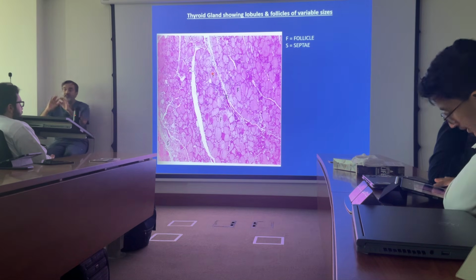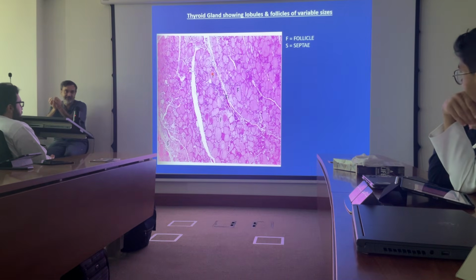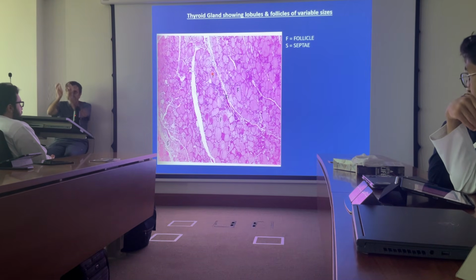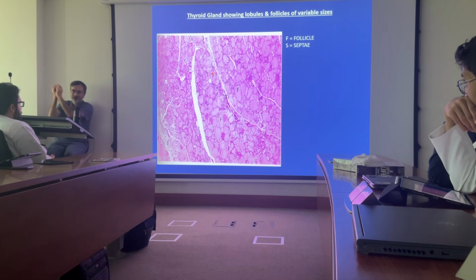The whole thing is basically having several lobules, and within the lobules you are seeing these follicles. Now these follicles are a single layer of cuboidal epithelium. You are seeing this because it is a cross section, but in actual form they would be follicles like this. Follicles, follicles, follicles. And within the follicle, you have this colloid or thyroglobulin.